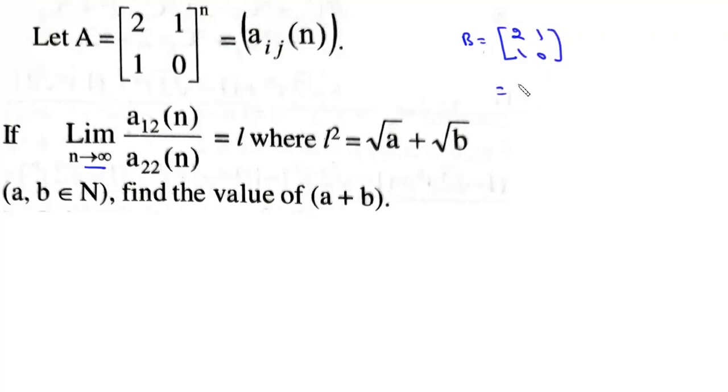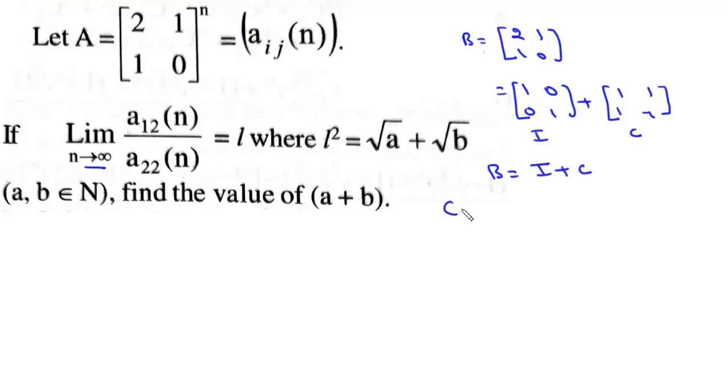And we'll write this as [1, 0; 0, 1] plus [1, 1; 1, -1]. So this is I and this is, suppose, C. So we can write this B as I plus C. So now we have this matrix C, which is [1, 1; 1, -1].